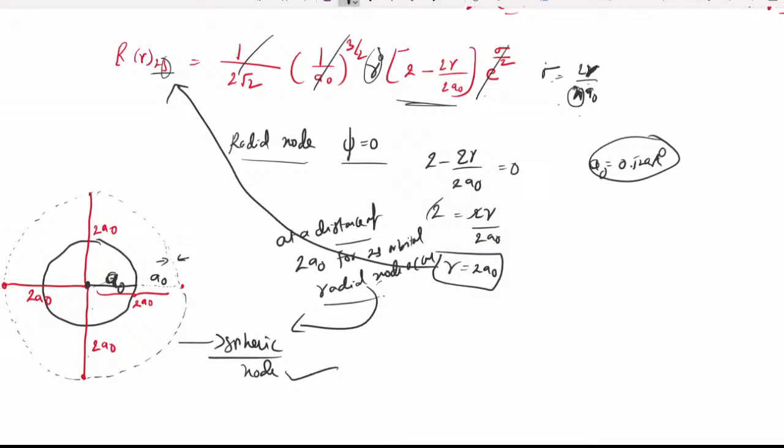Okay, students, I'm sorry. Wait. How do you set n equal to 2?